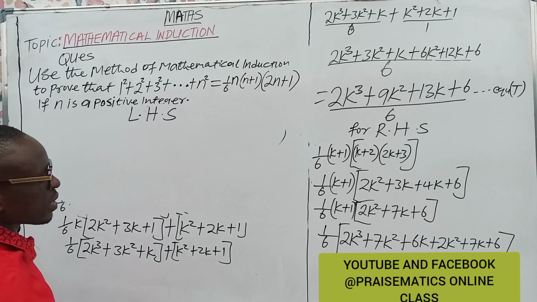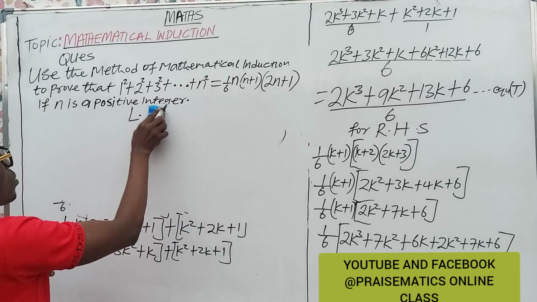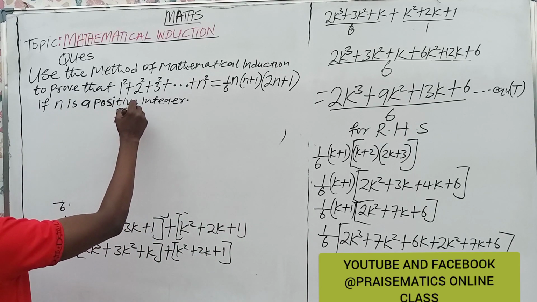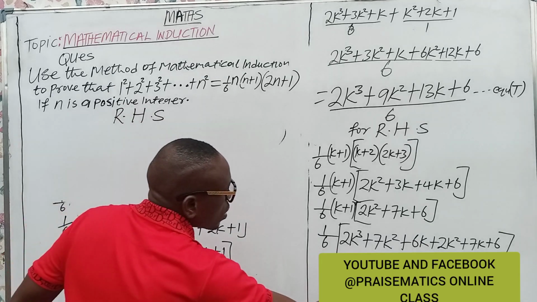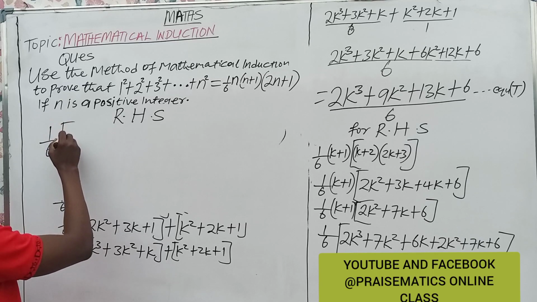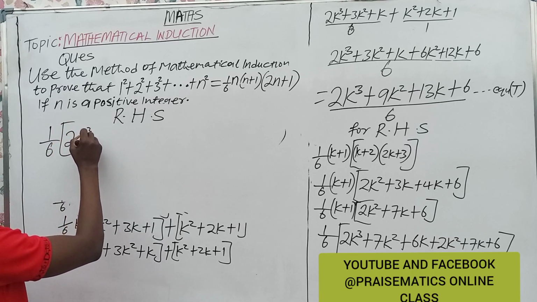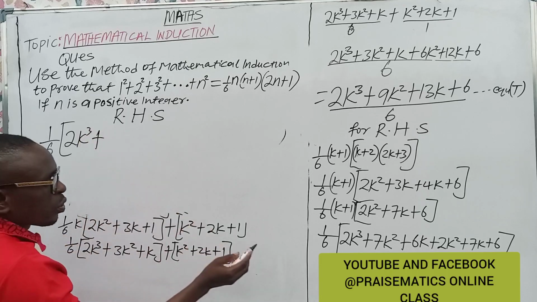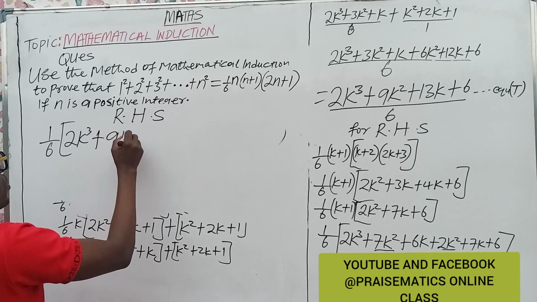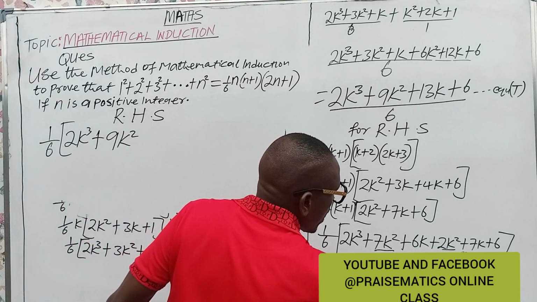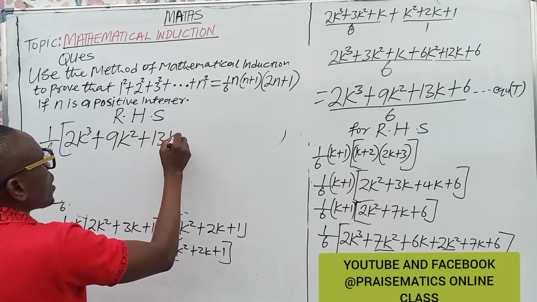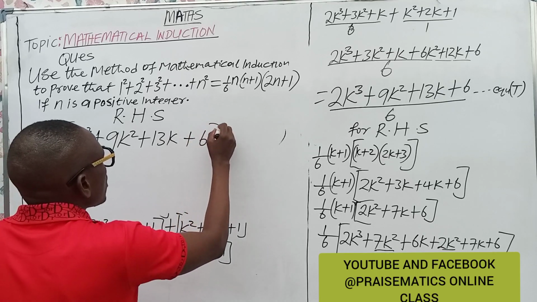Now let's continue with this expansion, collection of like terms for the right hand side. We have 1 over 6 into 2k cubed plus this one and this one will give us 9k squared, 6k and 7k will give us plus 13k plus 6, close it.